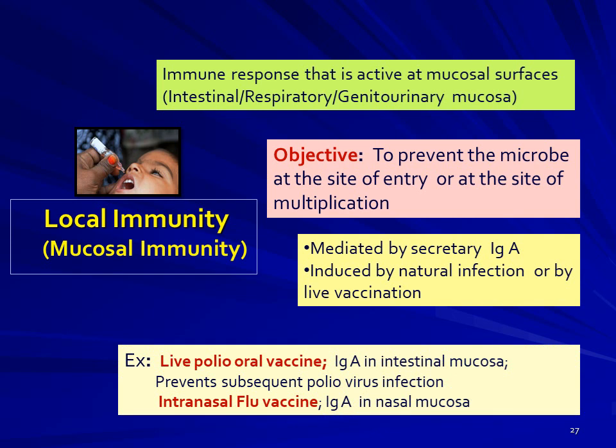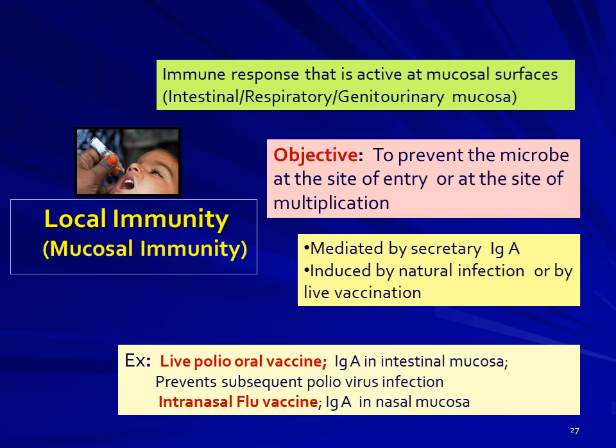And the live oral polio vaccine, if you give it, can enter the intestine, and in the intestinal mucosa it produces a large number of IgA antibodies in the Peyer's patches of the ileal mucosa. Readily the IgA would be available whenever people ingest the polio virus through contaminated food and water.